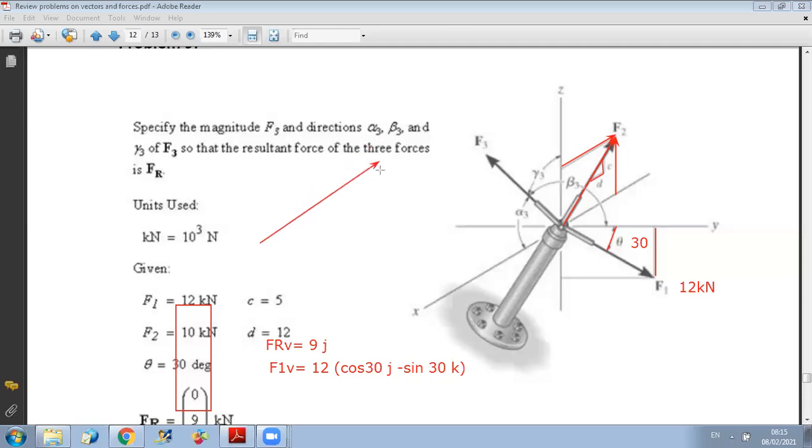If I give you a vector like this, and I put this representation like this, here C is equal to 5, and D is equal to 12. This will allow you to find what? These two numbers give you the slope. It will allow you to find this angle.